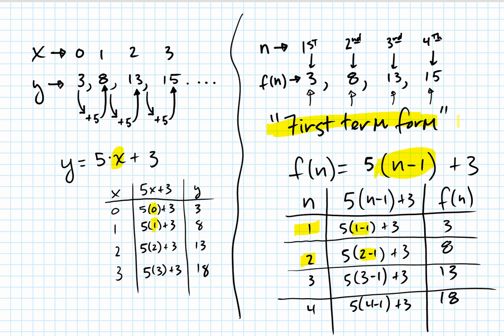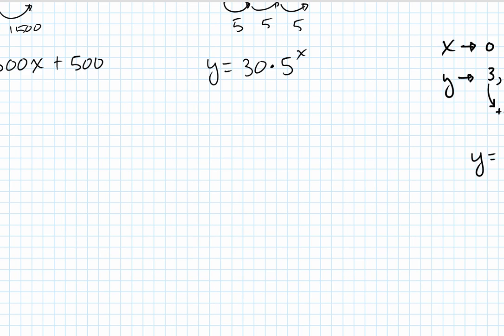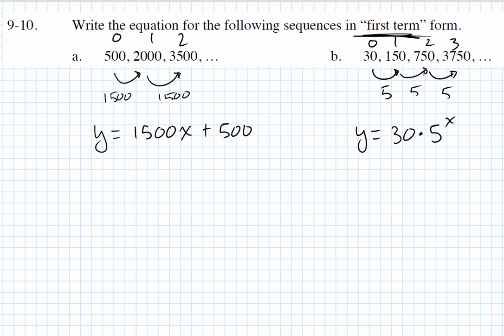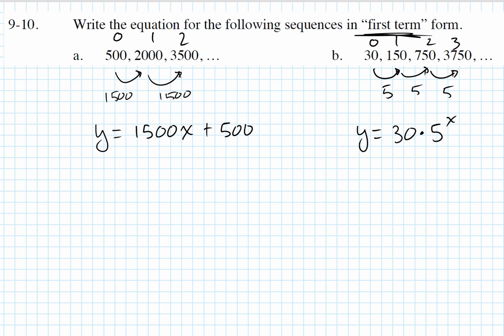So if I come back over here to this problem, and I want to transform these so that they're in first term form, all that I need to do is replace the x in both cases with n minus 1. And I'm going to choose to write them in function notation.